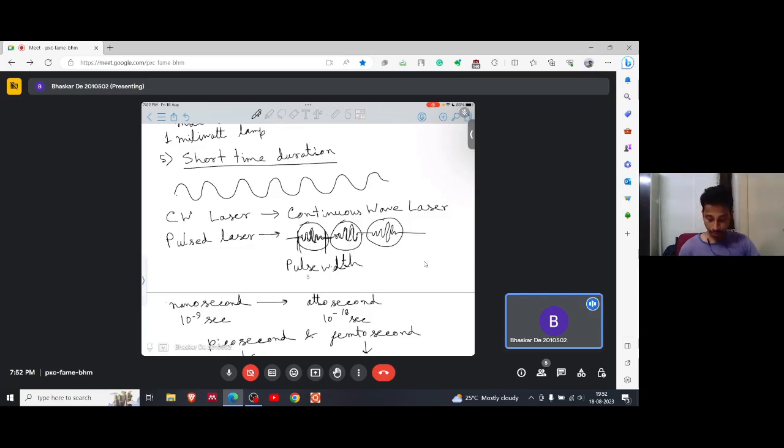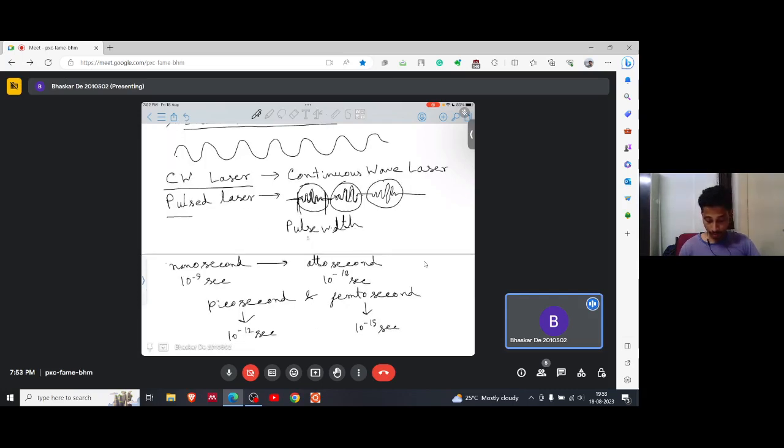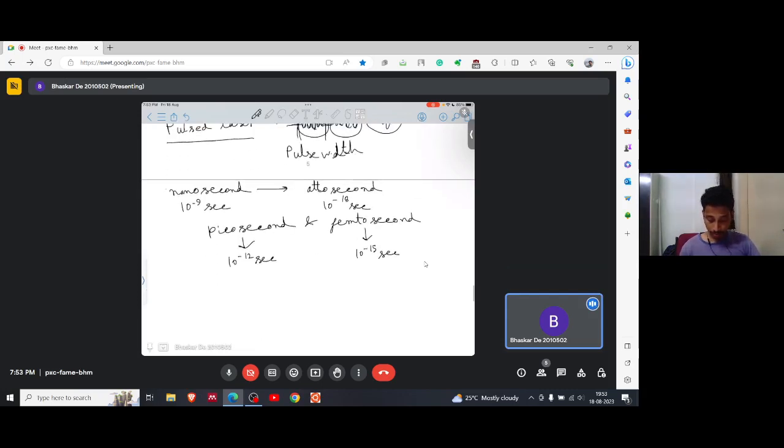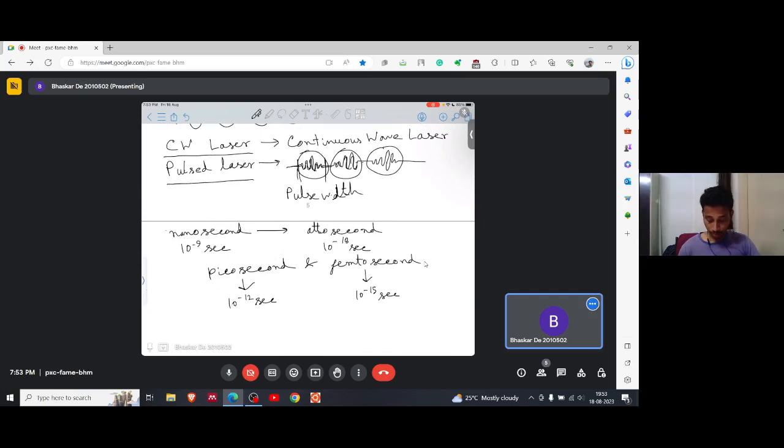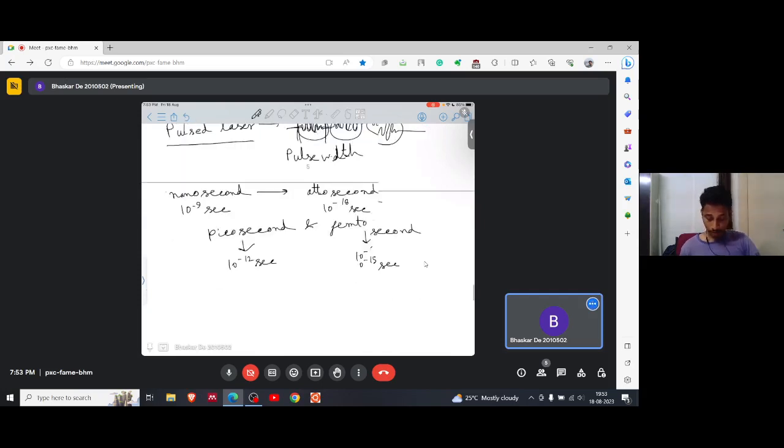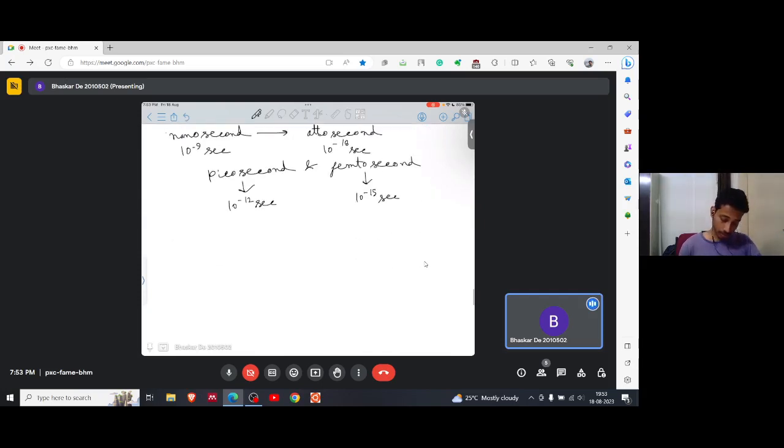It is not necessary for the CW laser, but it is very necessary for the pulse laser, because the pulse can be of any pulse width from nanosecond to attosecond. There are methods known as Q switching, mode locking, etc. These are the methods to generate the short pulses.